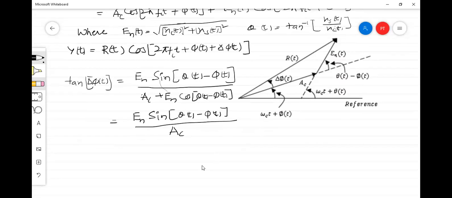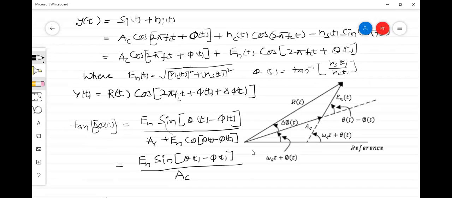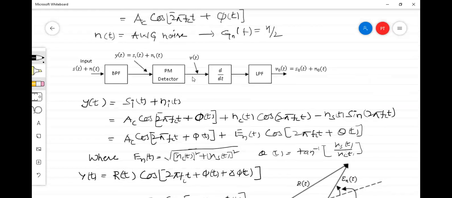Output is the output of a PM detector, which is an angle. So the output V of t is simply equal to, if you look at a PM detector, a voltage proportional to the angle of the input. This is what a PM detector will do, isn't it? A PM detector detects the angle of the input modulated signal.